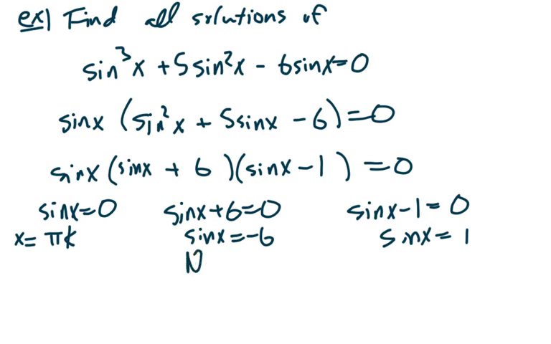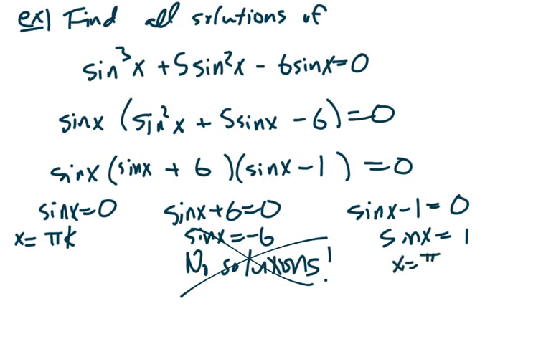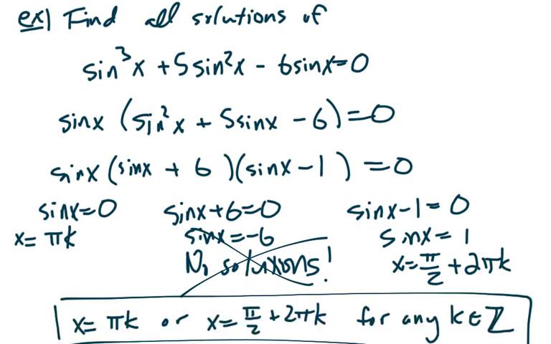This is not going to happen. No solutions. And sine of x equals 1 is going to be pi halves plus 2 pi k. And that's that. Hooray! And there was much rejoicing.